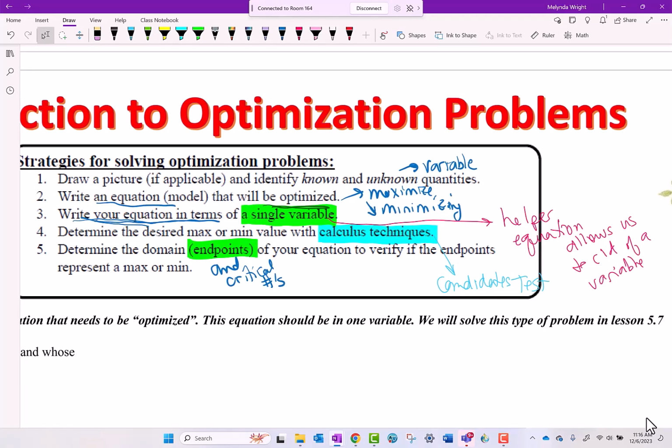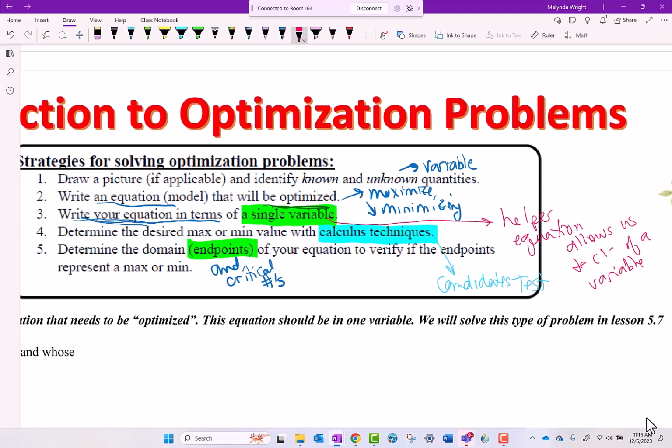So I'm just going to go over it one more time. We're going to draw a picture, identify the things we know and the things we don't know. We'll assign a variable to the things we don't know. We're going to write an equation that relates all those variables together, and we will write an equation for what we want to optimize, maximize, or minimize. We get our equation in terms of a single variable, for which we may have a helper equation, and that allows us to get rid of a variable.